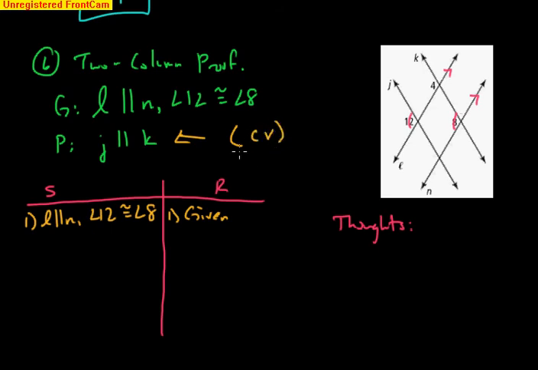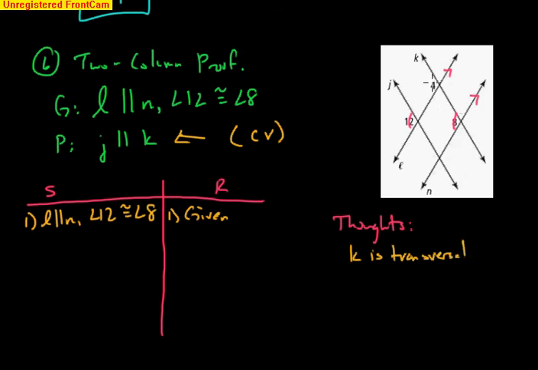So we need to figure out how can we relate two angles together in one of those four special relationships so that we can use a converse to show that the lines are parallel. Okay. Well, let's start off with lines L and N. Here's line L, here's line N. There are two transversals, J and K, right? Two transversals. Only one of them has two angles on them, and that is transversal K. So focus on K as the transversal.